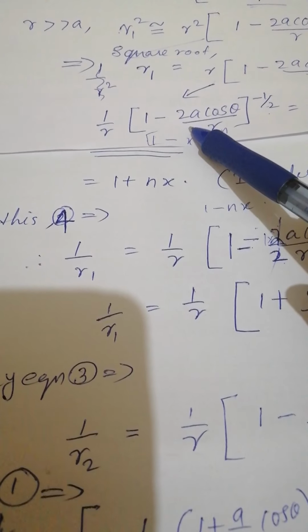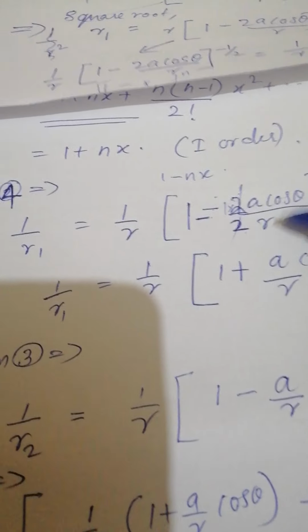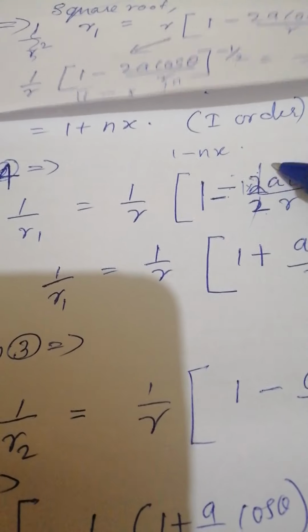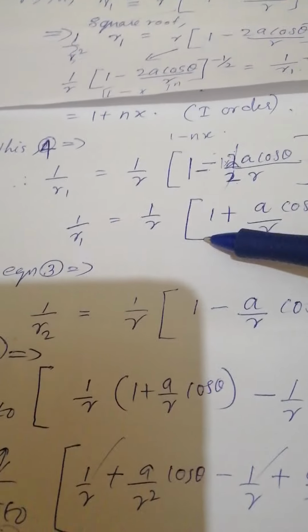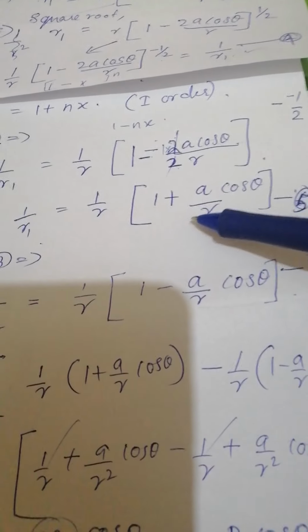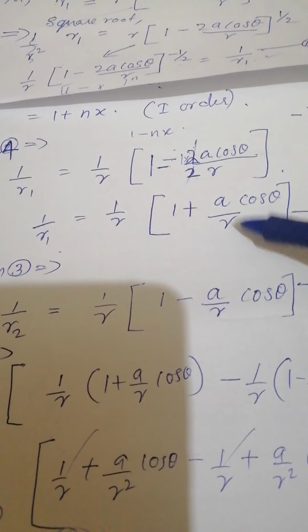X is this term, the second term, that is 2a cos theta divided by r. So here 2 and 2 will get cancelled, and the equation will become 1 by r1 is equal to 1 by r into 1 plus a cos theta divided by r, because 2 and 2 get cancelled.